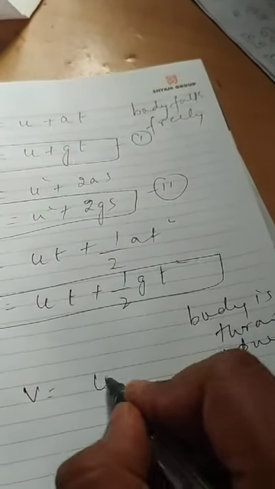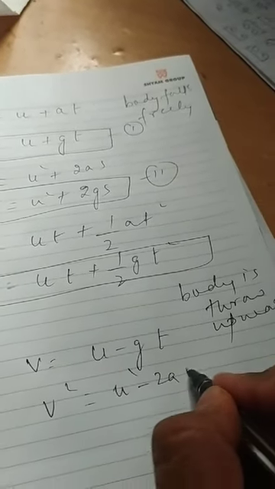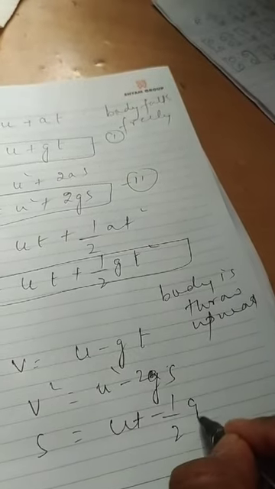So the equations will become v equal to u minus gt, v square equal to u square minus 2gs, and s is equal to ut minus half gt square. So these are very important equations that will be beneficial for you for solving numericals also.